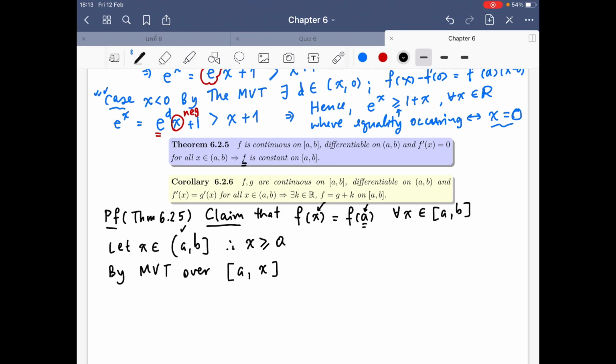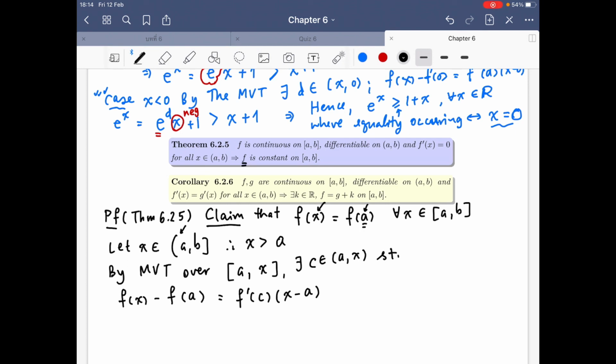So we can just move a little bit away from a. So we are going to use the mean value theorem over this closed interval. There is a point c inside the open interval from a to x, such that f of x minus f at a, the right end minus the left end, equals the derivative at this point c multiplied by x minus a.